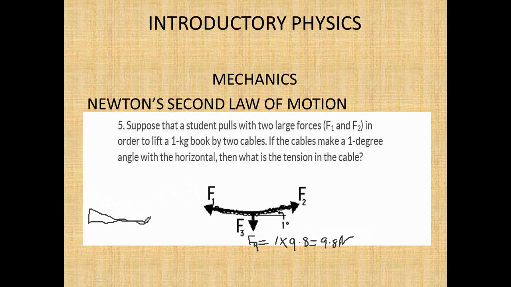The angle right here is 1 degree. Very tiny angle. Since the force pulling downwards is 9.8 newtons, each of the vertical components of these two tensional forces has to be 4.9 newtons. So the vertical component at each side has to be 4.9 newtons.